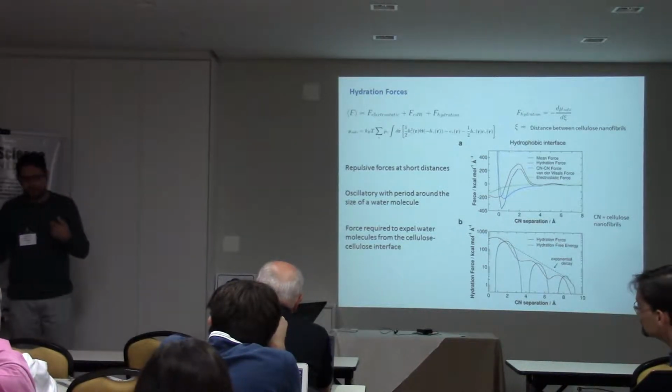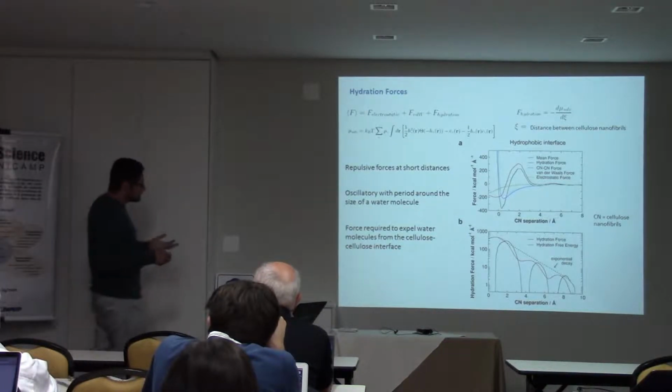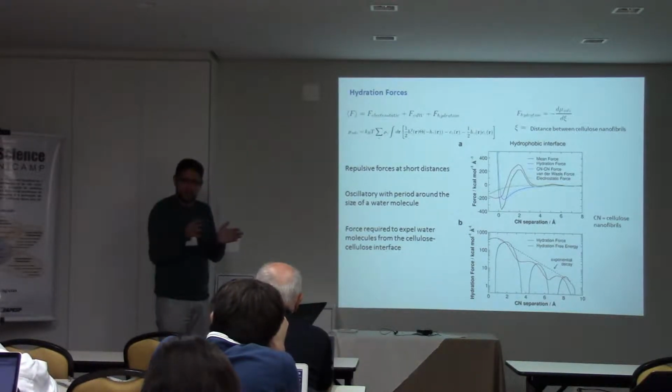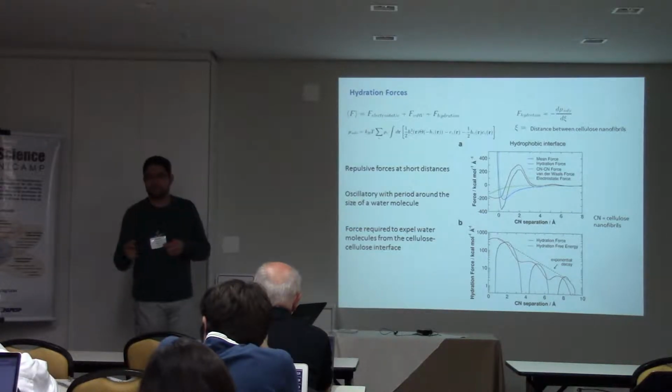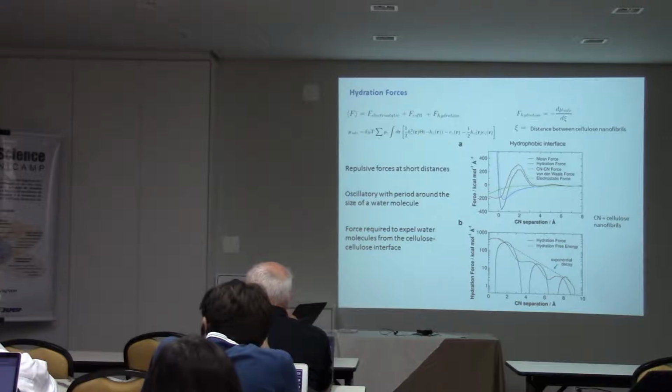That's why we have this oscillating behavior. And for this force, the closer the cellulose fibers, the stronger the hydration structure in between, and then the stronger the force necessary to expel this water molecule to the bulk so that the cellulose can aggregate.